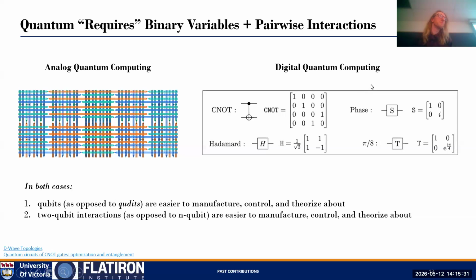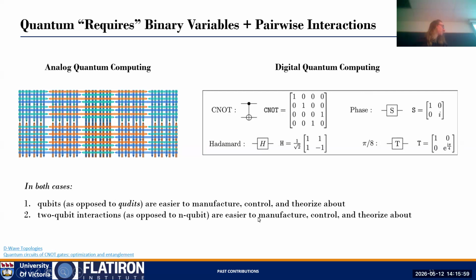And we can't just take any old combinatorial optimization problem and immediately run it using those algorithms. The short reason being that both in analog quantum computing and digital quantum computing, qubits are easier to manufacture, control, and theorize about. And the same is true for 2-qubit interactions as opposed to n-qubit. These are easier to manufacture, control, and theorize about.